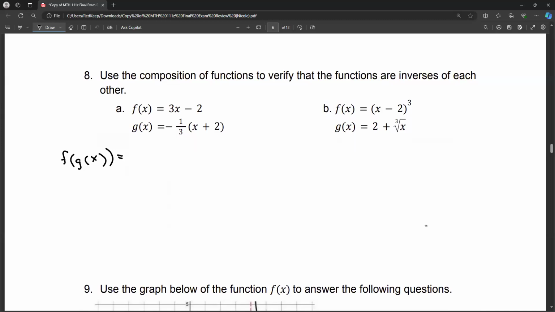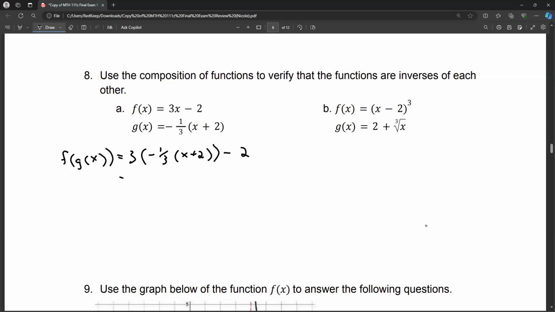And let's go ahead and find out here. So I'm going to take whatever g was, which is stated, and plug it in to f. So 3, and parentheses are your friend here, plus 2. Okay. And then the f function tells me to subtract 2 now.